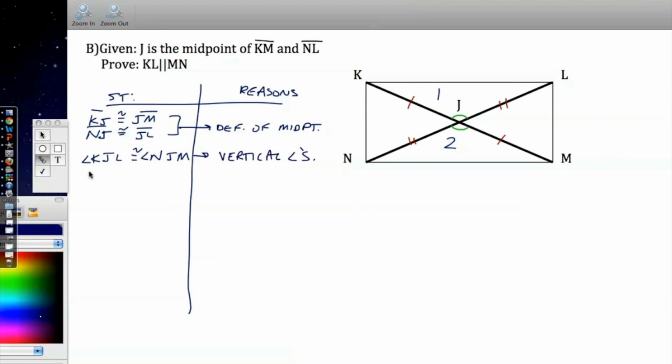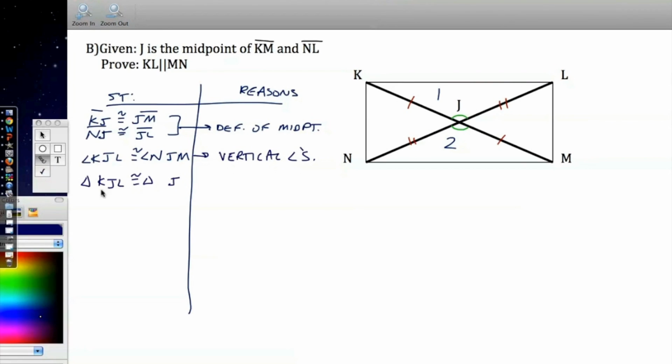Now what I have is this. I can say that triangle KJL is congruent to triangle NJM because I have a side, an angle, and a side congruent to a side, an angle, and a side. Okay? So I've got KJL. Actually, I did that incorrectly. I flipped these two.